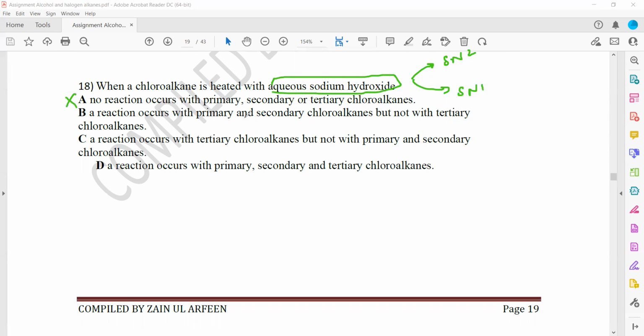A reaction with primary and secondary but not tertiary is also wrong. A reaction with tertiary but not primary or secondary is also wrong. A reaction will occur with all primary, secondary and tertiary, so option D is right. The reaction is nucleophilic substitution, but it might be SN1 or SN2 depending on which halogenoalkane we have: primary or secondary likely SN2, and tertiary SN1.